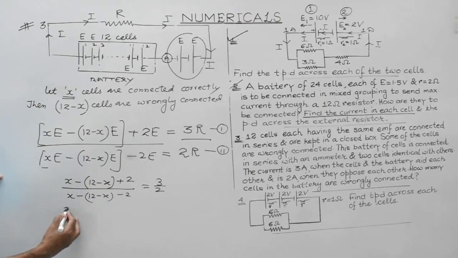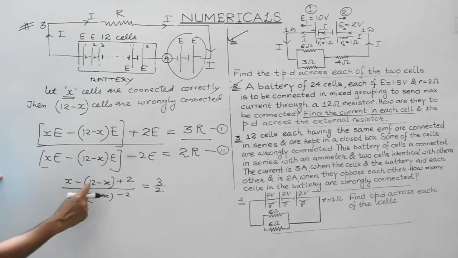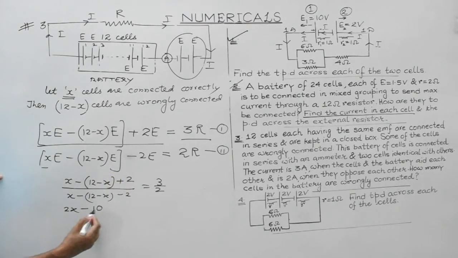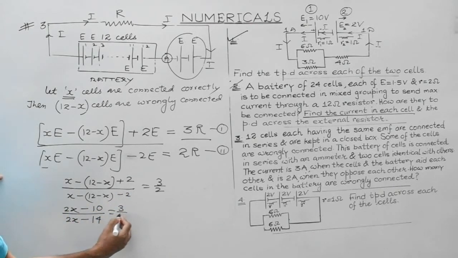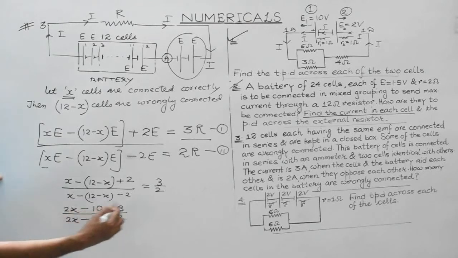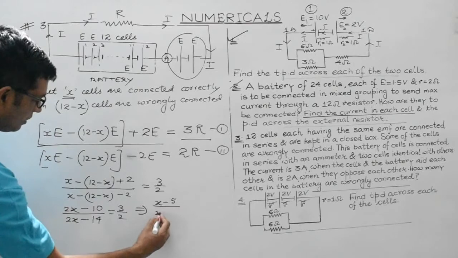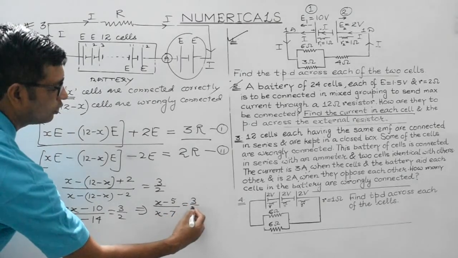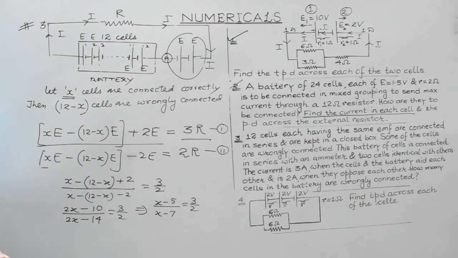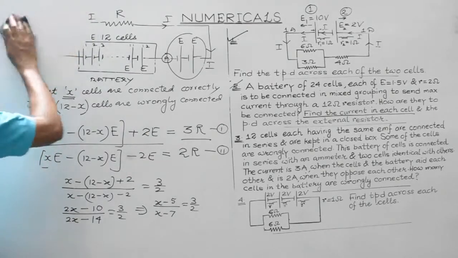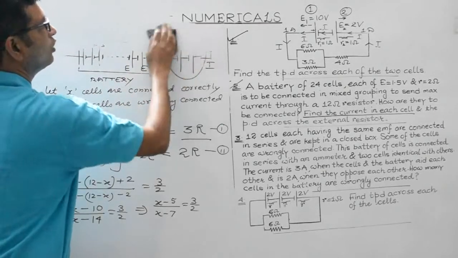X plus X is 2X, minus 12 plus 12 will give us minus 10, divided by 2X minus 12 minus 12, which gives minus 14, is equal to 3 by 2. Again 2 can be taken as common. So what we get is X minus 5 divided by X minus 7 is equal to 3 by 2.